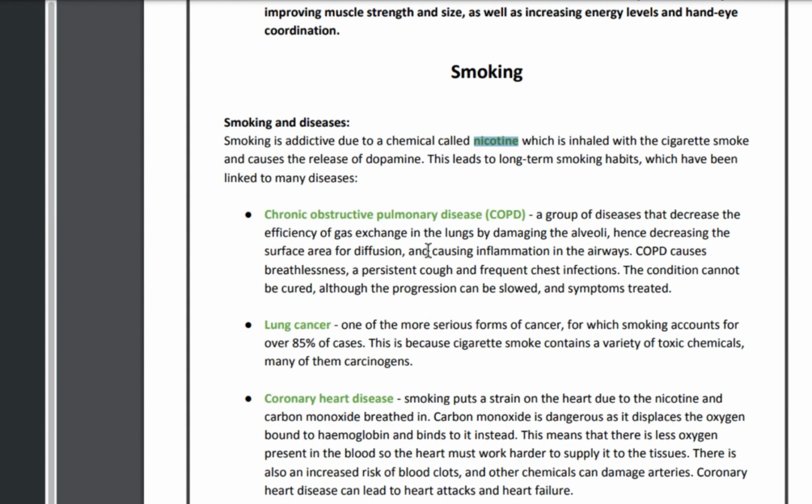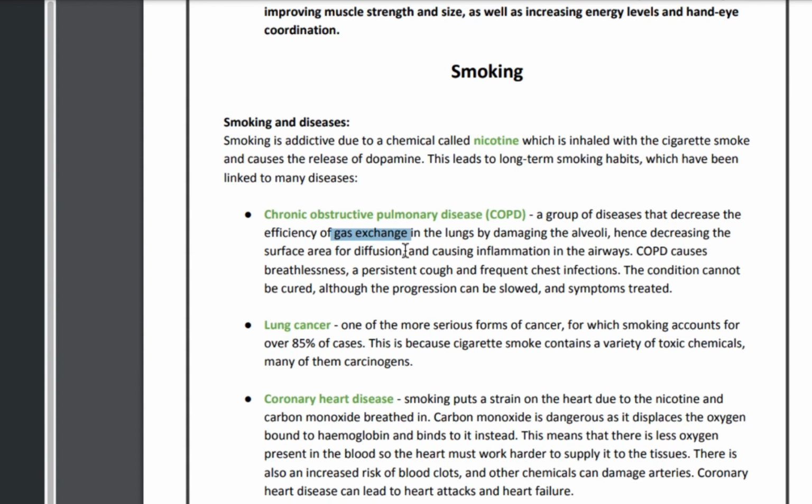But when you keep smoking for a long time, this disease will happen. It decreases the efficiency of gas exchange, meaning exchanging oxygen and carbon dioxide will be very difficult at your alveoli and red blood cell gateway. There will be a minimal exchange of gas taking place in the lungs, where the alveoli are. Once that happens, you're building a big problem for yourself.